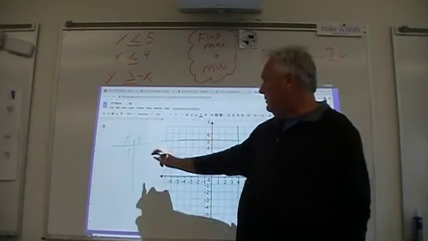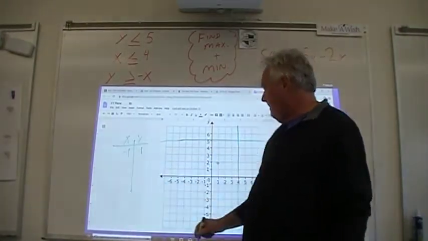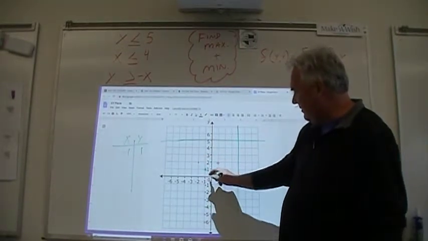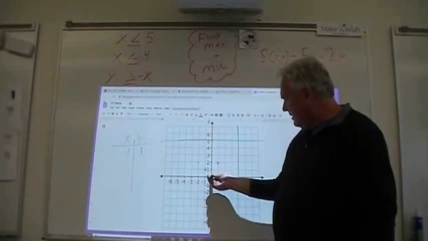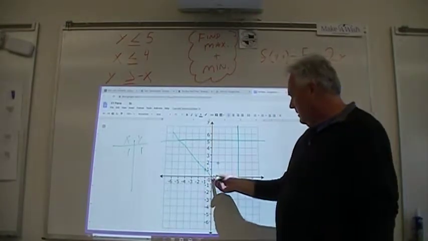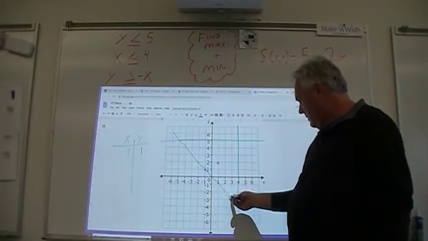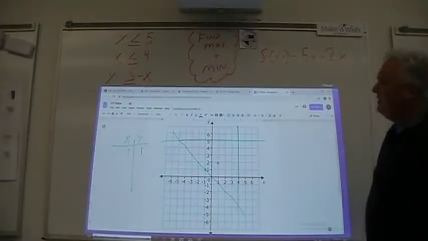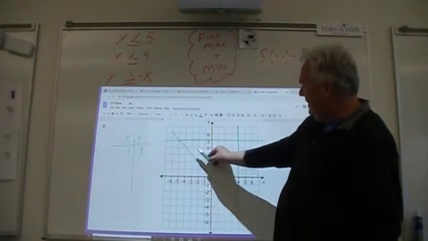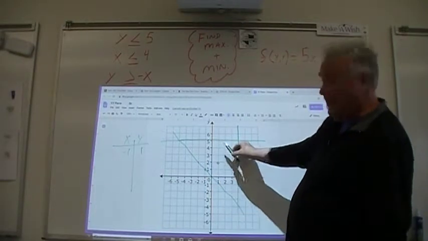And so we would get that. Negative 1, 1. This is what that line looks like right here. And it's y is greater than or equal to, so that means it's going to be this side of it.